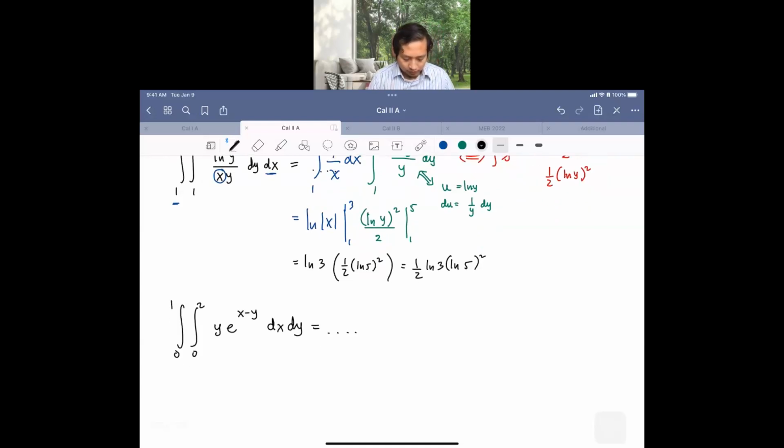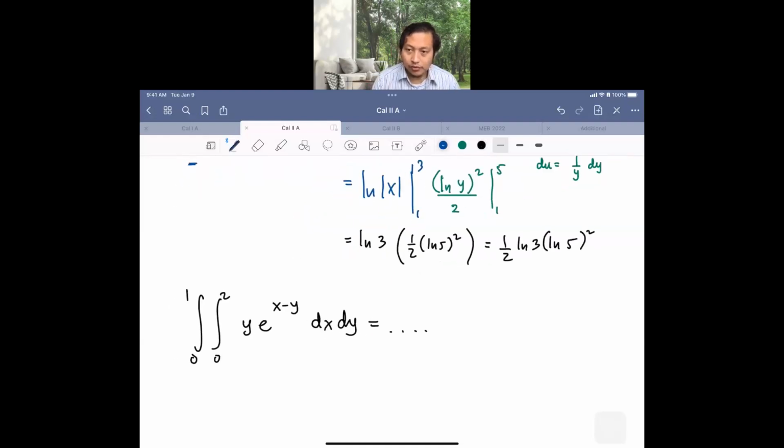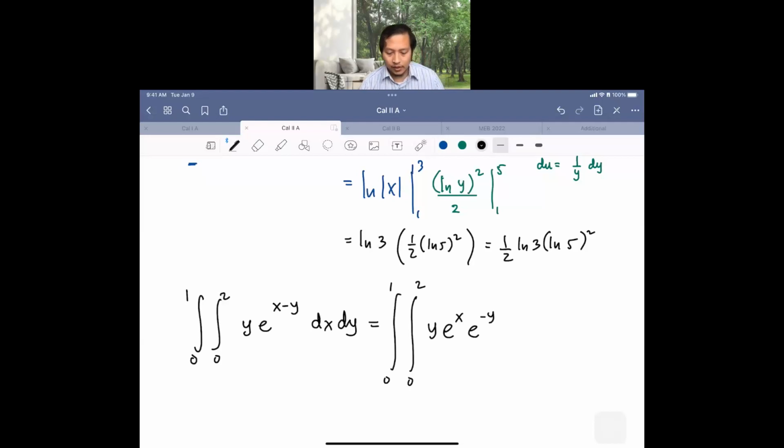Now the second question. What to do first here is, we have x minus y in the power. So what I would like to suggest is we separate this power. First we write the double integral as it is, with e to the x and e to the minus y, dx dy.